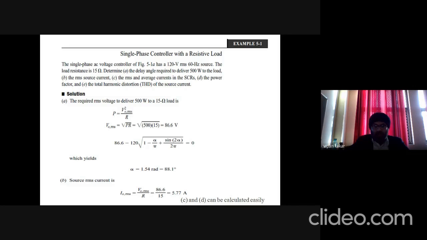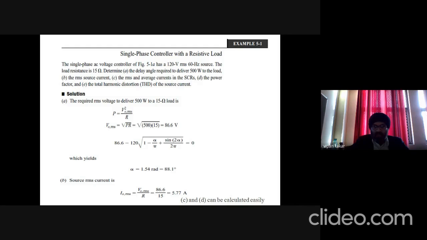So the required RMS voltage to deliver 500 watt to a load of 15 ohms, just using the expressions of voltage, current, and power as we have analyzed in the previous slides, we can find the active power and the output voltage, because active power given is 500 watts.